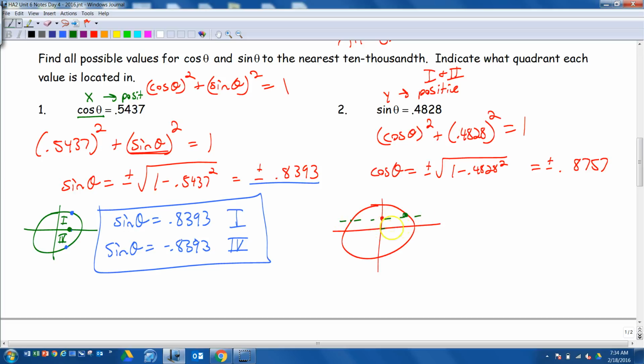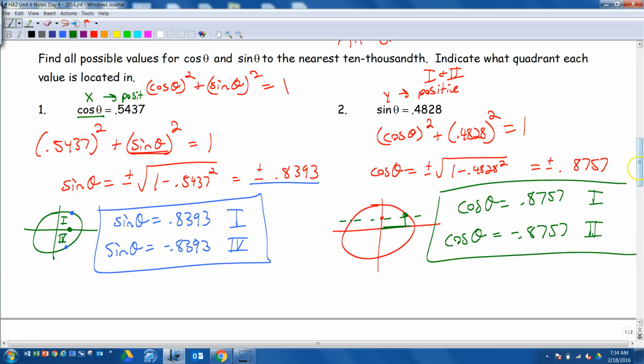The one x value is positive 0.8757, and that's in quadrant 1. The other x value is the negative version of that, and that's in quadrant 2, because sine is positive. So we're just using our quadrants.